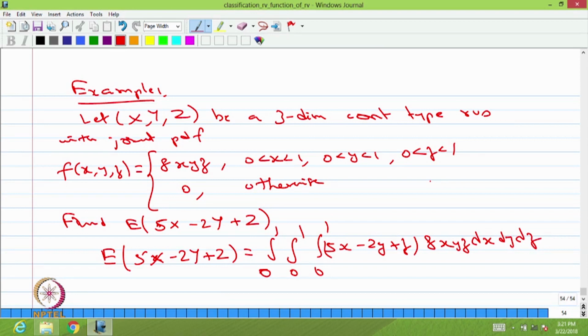You can do the integration and you can get the value. That value is 8 divided by 3. So this is a very simple example in which we are finding the expectation of a function of a random vector.